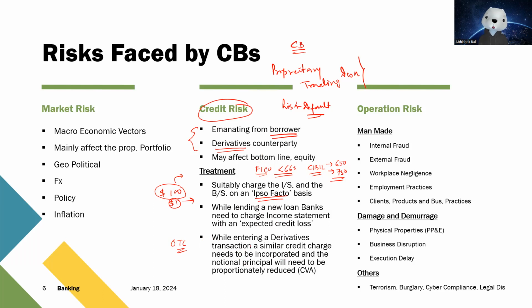So in such cases also, even if the default has not materialized, the banks are supposed to take suitable provisional charges in their income statement as well as in their balance sheet. Something known as the credit value adjustment has to be done in the balance sheet immediately after the bank has entered into any sort of derivatives transaction. So this is, in a nutshell, as far as credit risk is concerned.